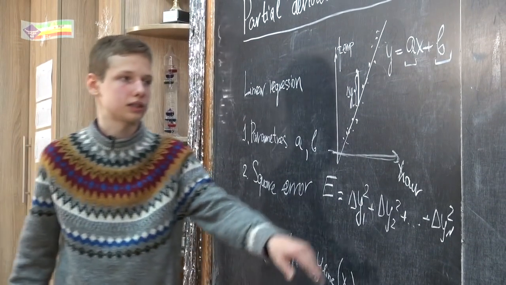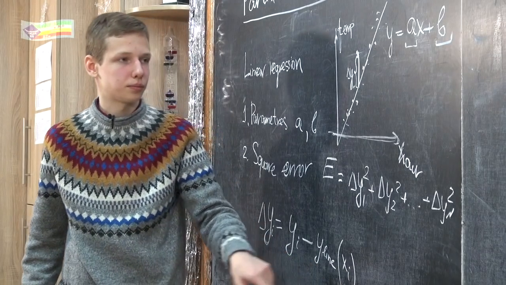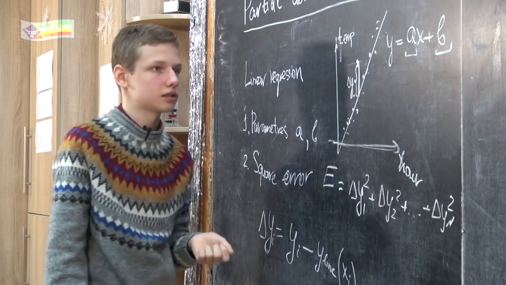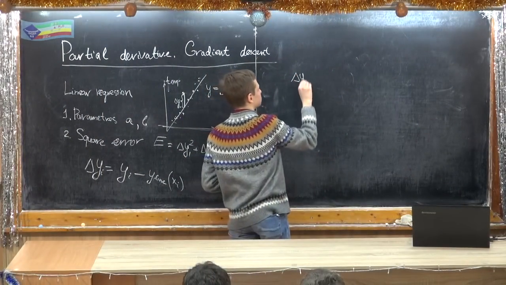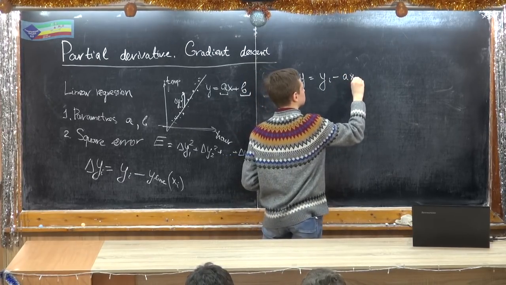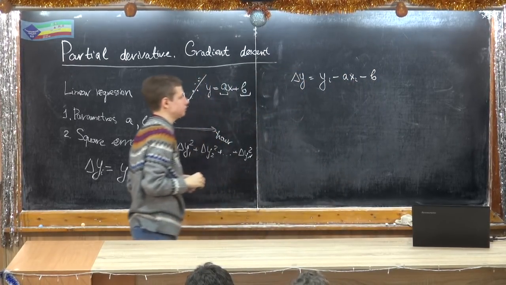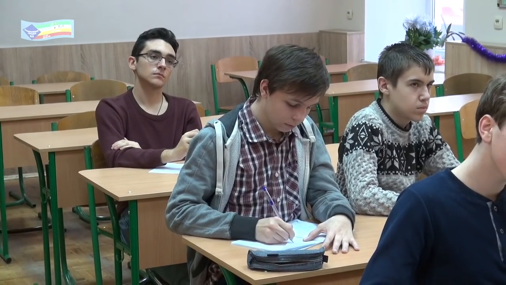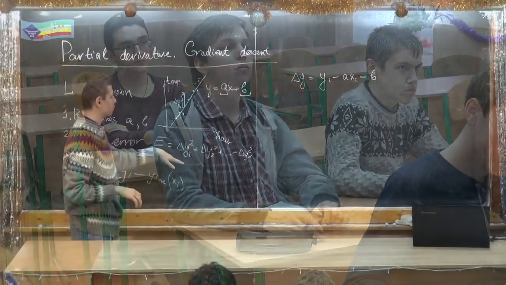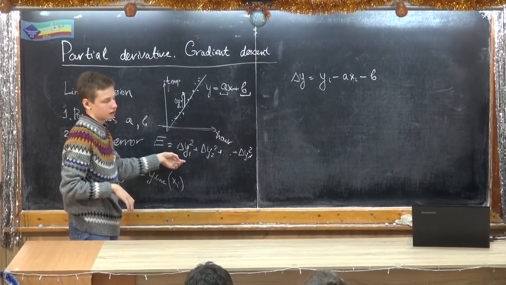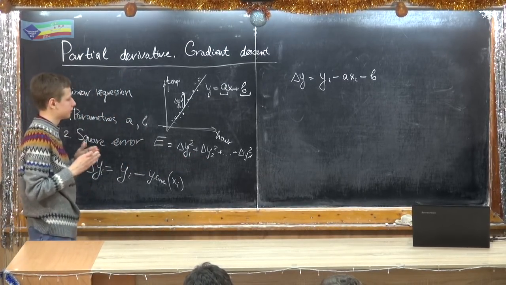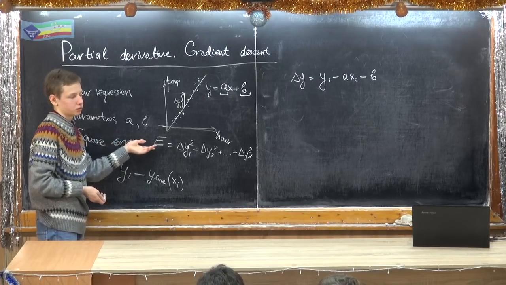And now we can substitute the x coordinate of the point into this linear formula and get the offset. Now we are going to sum all of this. We sum the square offsets, and we'll get the square error. And now we've got what we want to optimize.